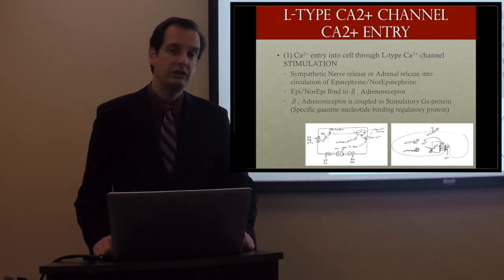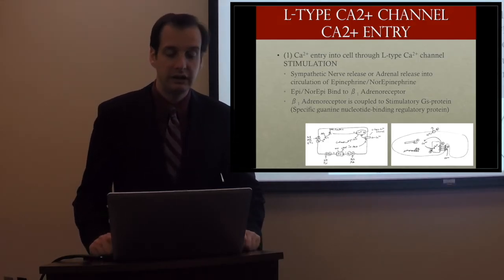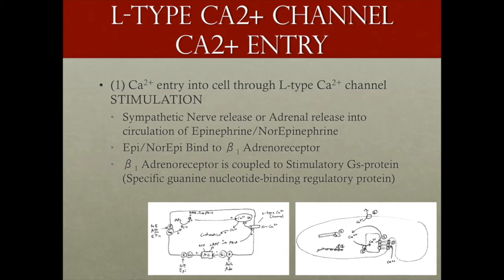So going through each of these mechanisms individually and in detail, first we'll deal with the slow inward L-type calcium channels and trigger calcium entry into the cell. Sympathetic nerves will release norepinephrine locally, and your adrenal glands will release epinephrine and norepinephrine into your circulation systemically. This epinephrine and norepinephrine bind to your beta-1 adrenoreceptors. Your beta-1 adrenoreceptor is coupled with a stimulatory Gs protein, a specific guanine nucleotide binding regulatory protein.